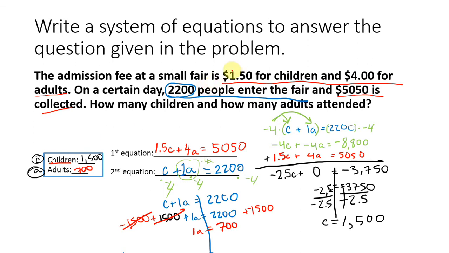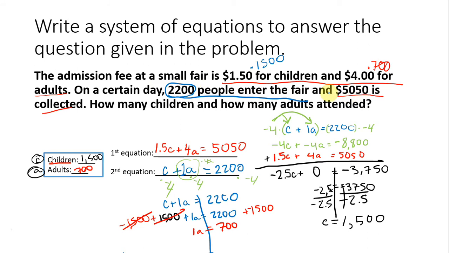And I can check that by seeing how much money that would make me. So 4 times my 700 adults and $1.50 times my 1,500 children should equal 5,050.